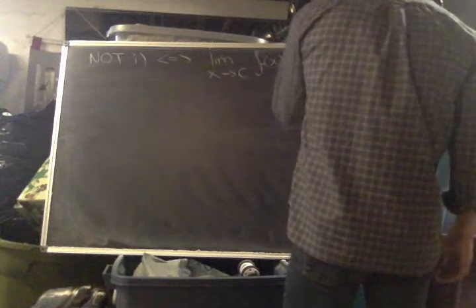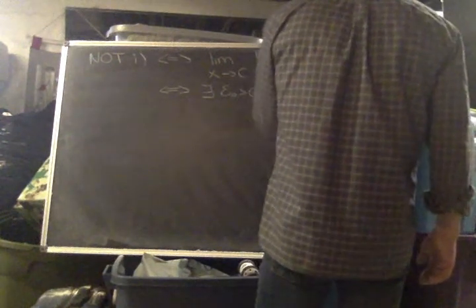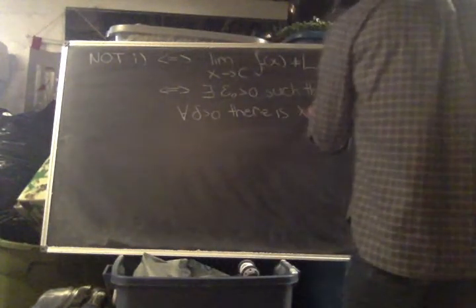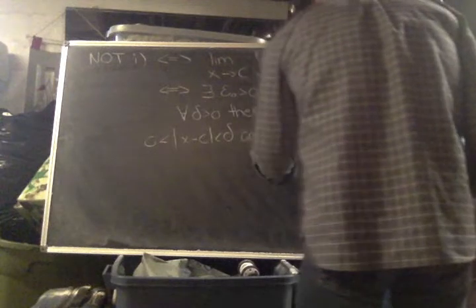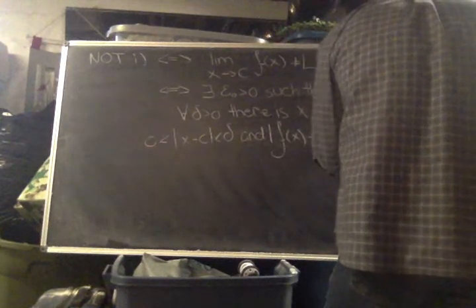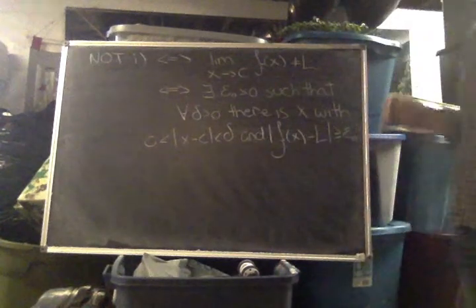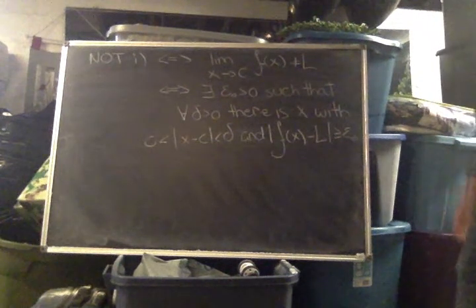This is the same thing as the limit as x approaches C of f of x is not equal to L, which is the same thing as saying, as we pointed out before, there exists an epsilon naught greater than 0 such that for all delta greater than 0, there is x with the distance from x to C less than delta and bigger than 0, and yet the distance from f of x to L is greater or equal to this epsilon naught. That's the statement not part 1.